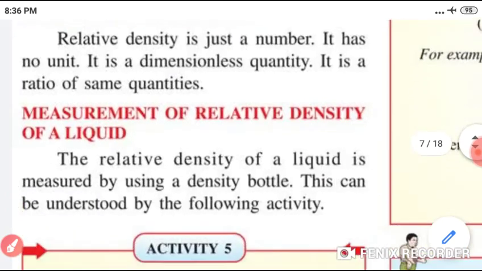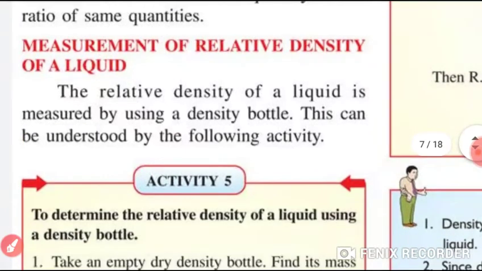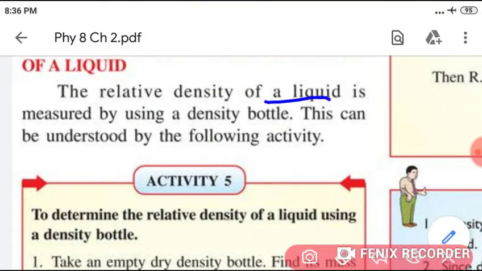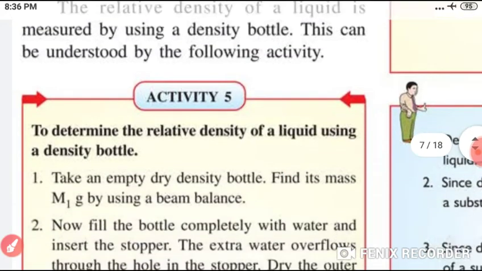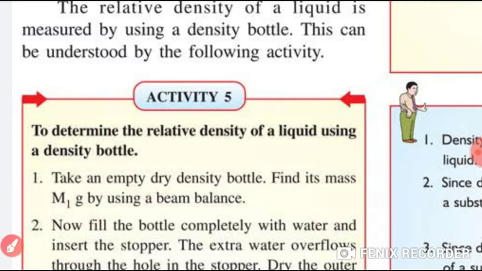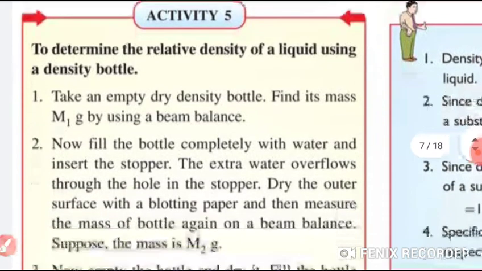So the measurement of relative density of a liquid, how can we do that? The relative density of a liquid is measured by using a density bottle, and we can understand this by the following activity: to determine the relative density of a liquid using a density bottle. Students, first of all, you have to take an empty dry density bottle.